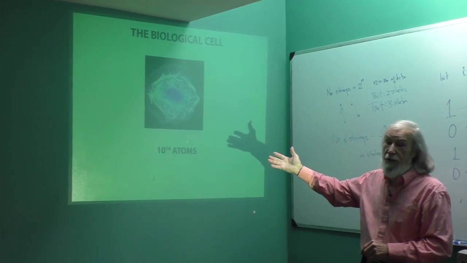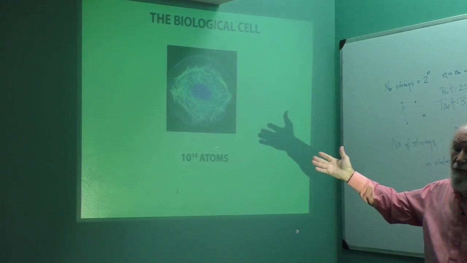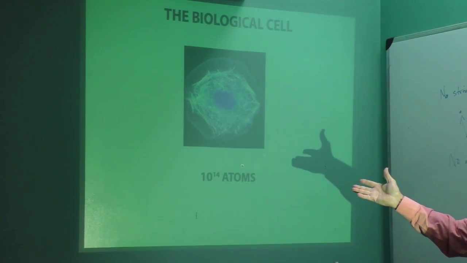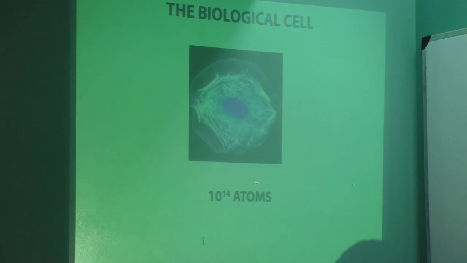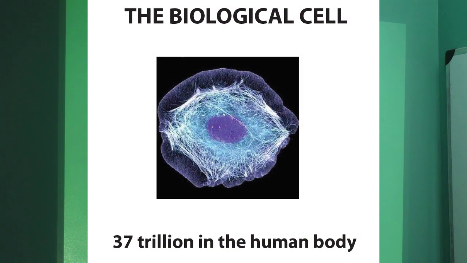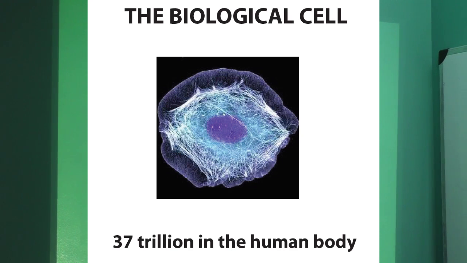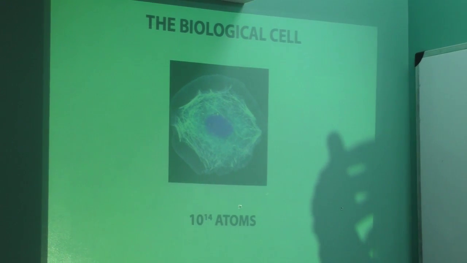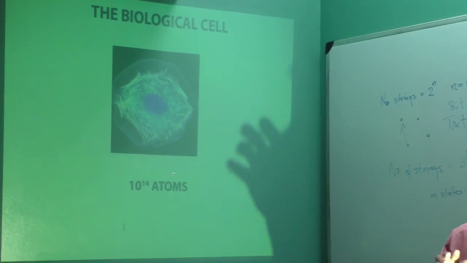It has 10 to the 14th atoms inside, and it has a very complicated structure, even though it's just one of many trillions and trillions of cells that are in your body. And it's got 10 to the 14 atoms. Those 10 to the 14 atoms are really complicated strings, but basically the way they bond is coding those strings.